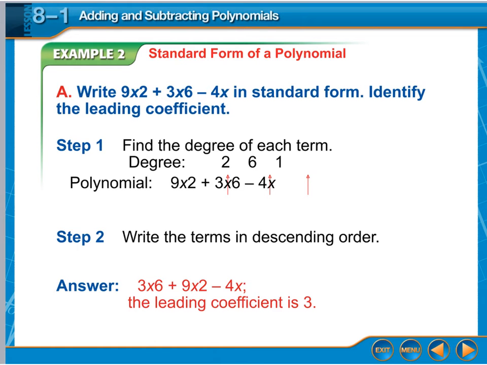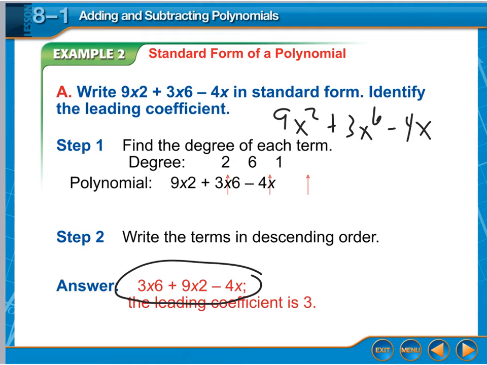All right, so this first slide here, again, remember the formatting didn't work very well, so I'm rewriting this thing. And they just want you to put it in standard form, which is descending order. And so you can see they've done that down here. The 3x to the 6 should come first, and then the x squared, and then the x term. And the leading coefficient is 3. So those are things that we talked about earlier when we did the vocabulary before.